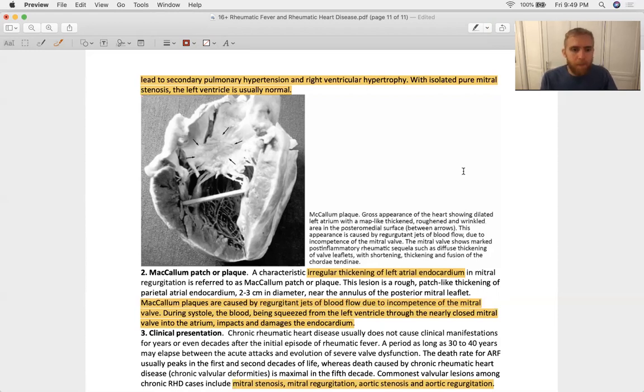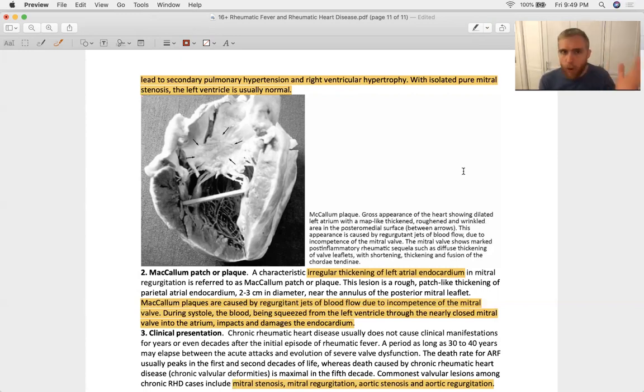So that's a MacCallum patch, and the SDL on infective endocarditis does have a very handy table helping you to coordinate where different MacCallum patches can present in the heart given different holes. So mitral versus an aortic regurgitation versus a ventricular septal defect versus an atrial septal defect.